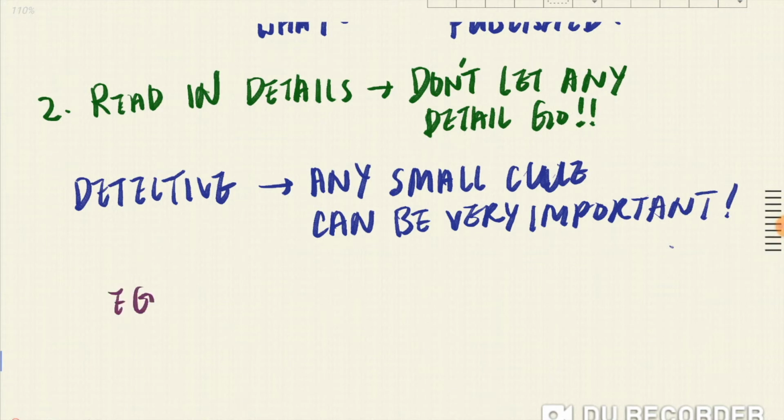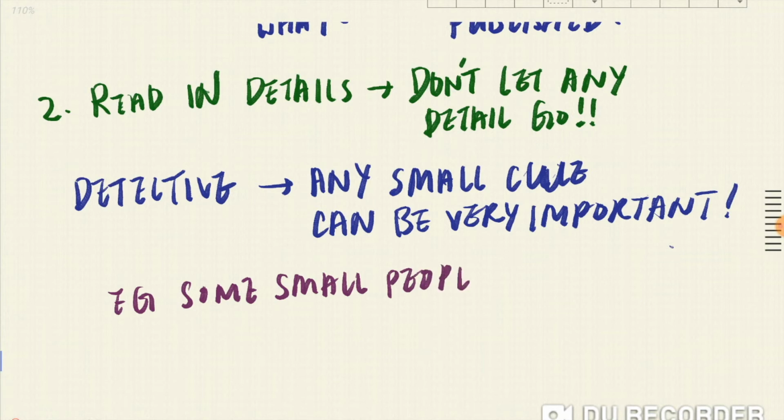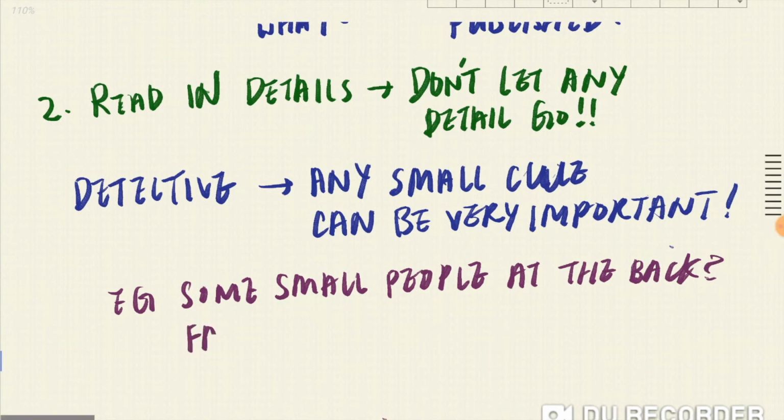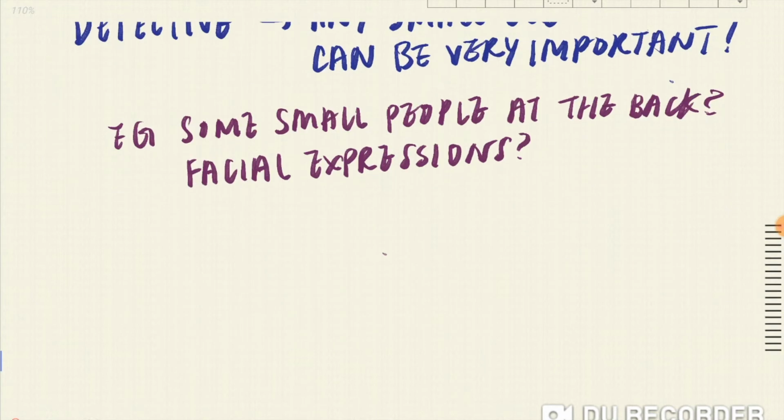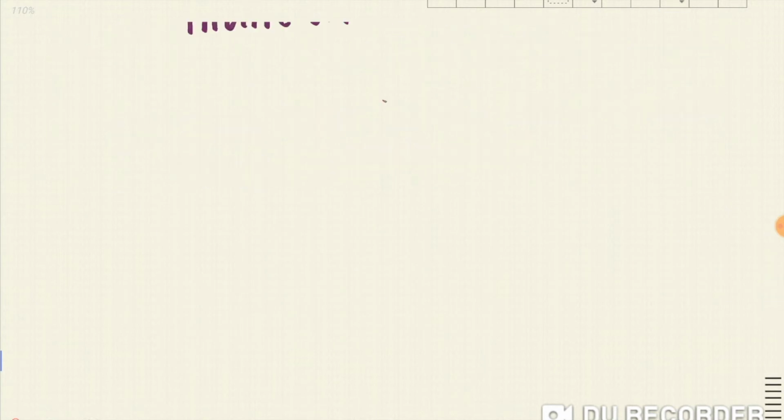An example of such details is some small people at the back. Usually we will miss these details, but sometimes these small people can actually symbolize something. Also, facial expressions of the characters inside the cartoon are often indicators of different attitudes or views.